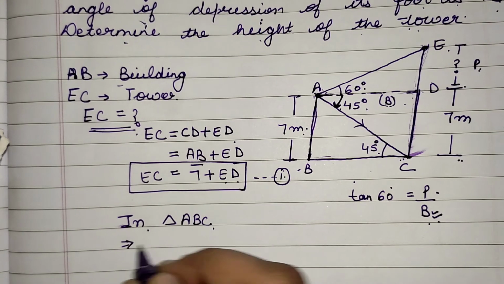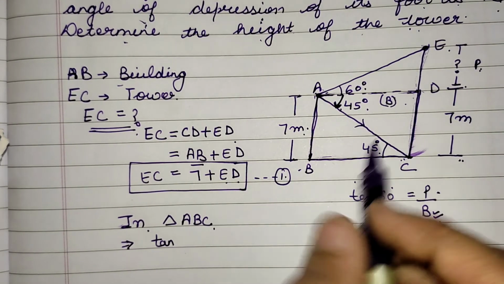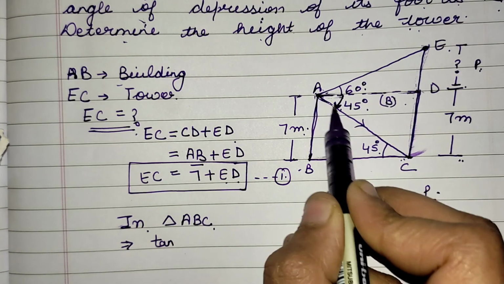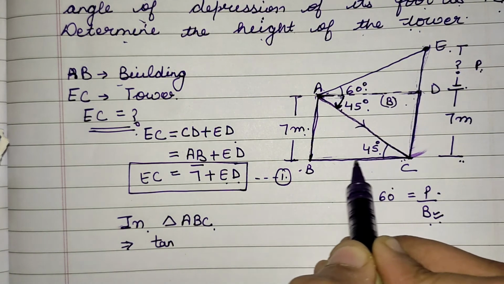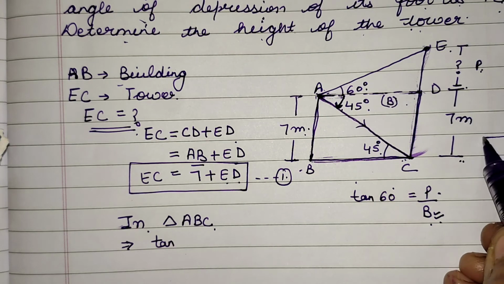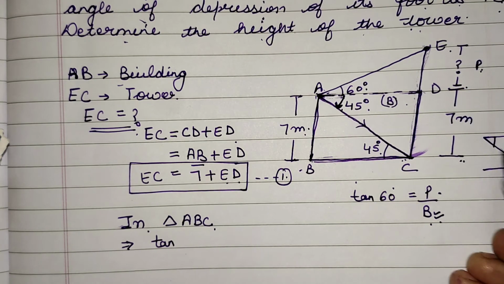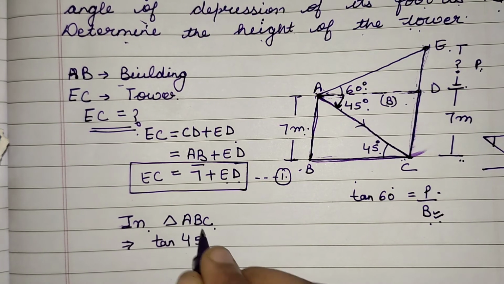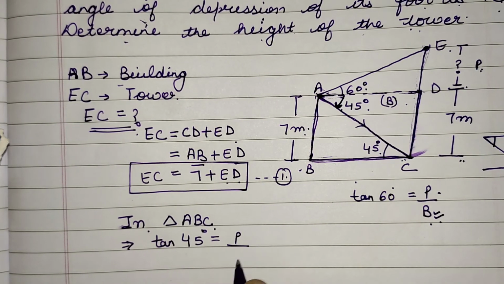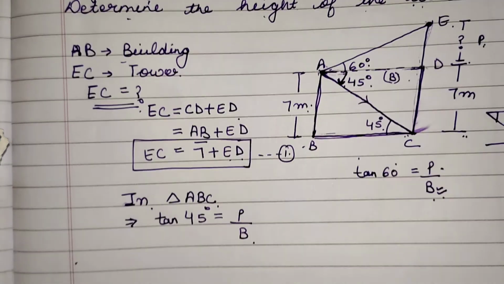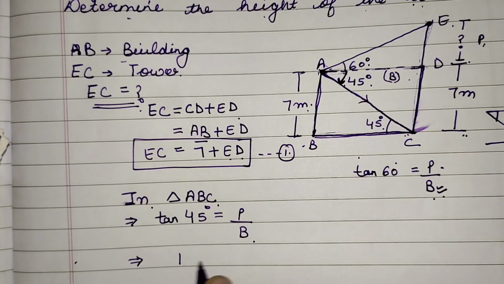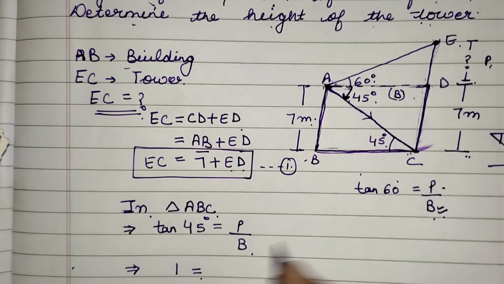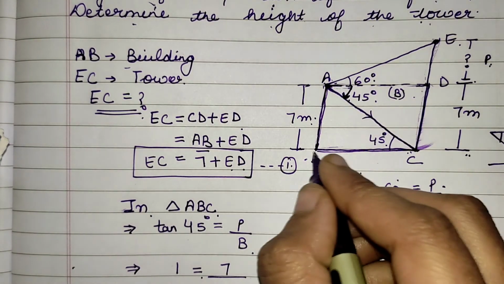In triangle ABC, tangent angle will be what? Because this is my 45. So with the rule of alternate interior angles are equal, it is making this shape, right? This is 45, so this will be also 45. So tangent 45 is what? This is equal to perpendicular by base. So tan 45 is 1 and perpendicular is this time my 7 and base is what?